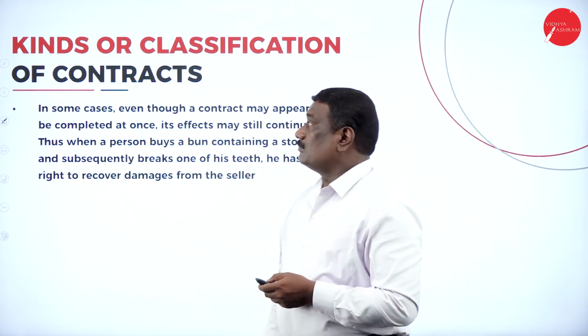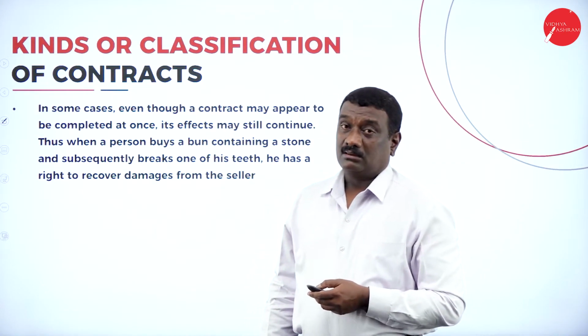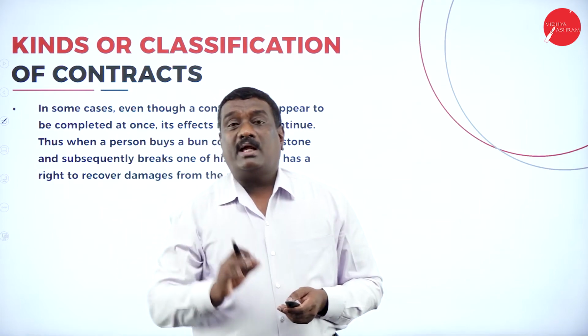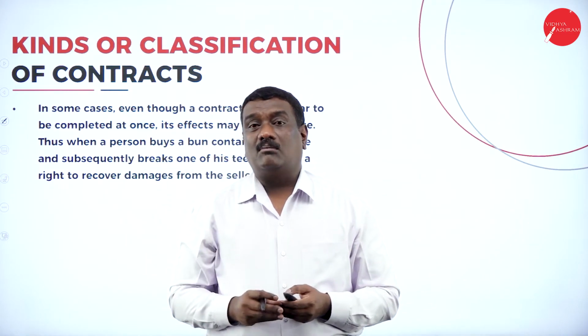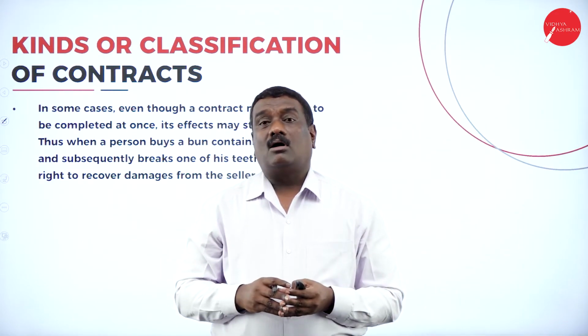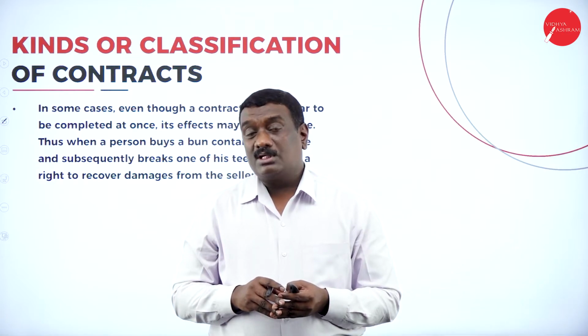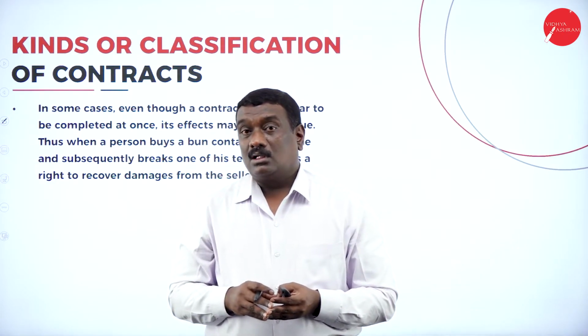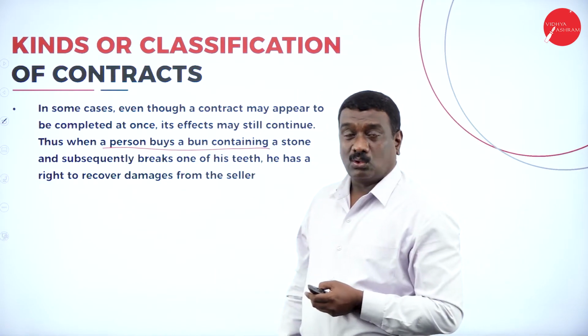In some cases, even though a contract may appear to be completed, for example I have painted a picture for my friend and he has paid me the amount, and thereby the obligation is over, sometimes it will not be so. It will be continued. Now you can see here, when a person buys a bun containing a stone.